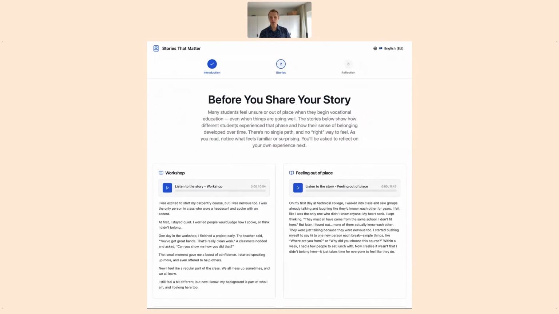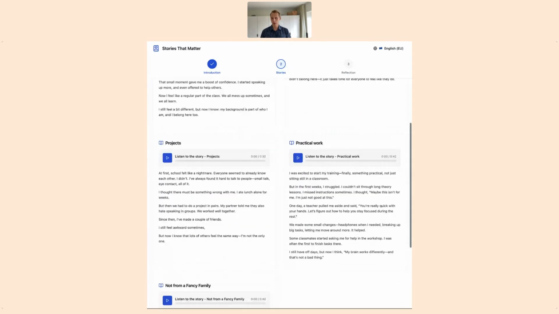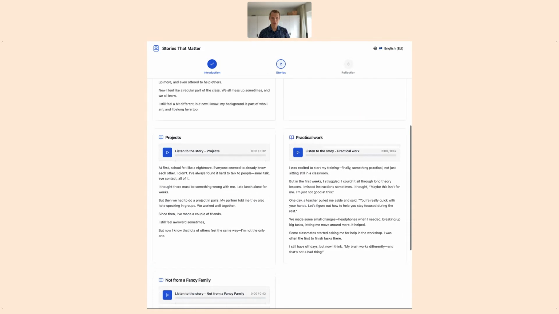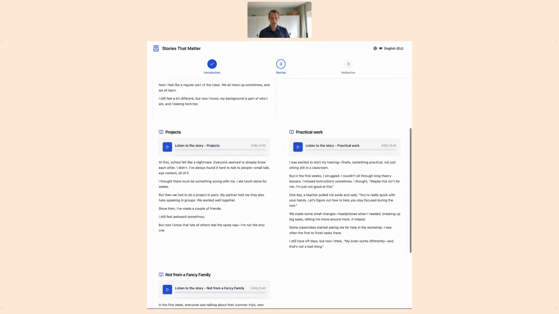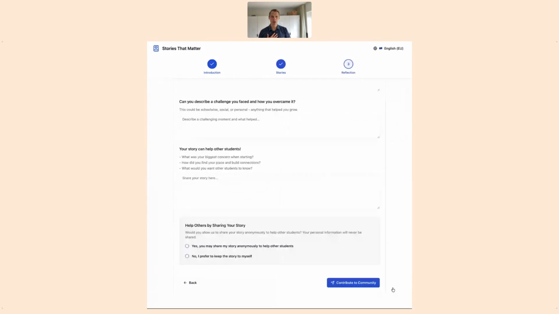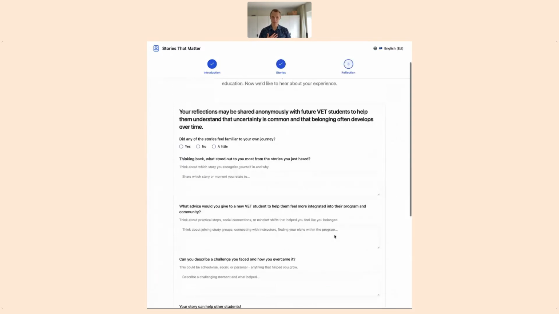And here you will see different stories from other students that we have curated and written to ensure that they align with Greg Walton's research. These are based on true stories, but they're rewritten to ensure that they follow the appropriate structure. Here the students will have the opportunity to listen to the story, or they can just read over the stories. And the last part here is the actual reflection sheet.